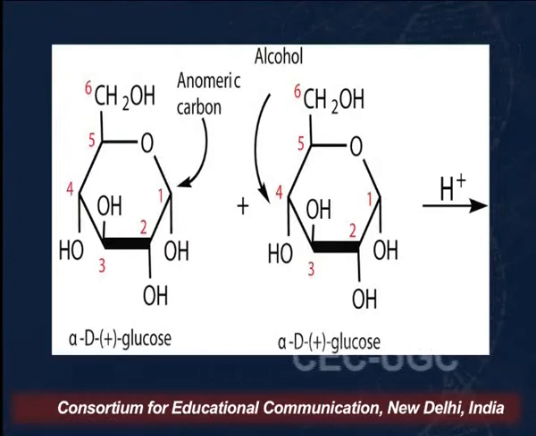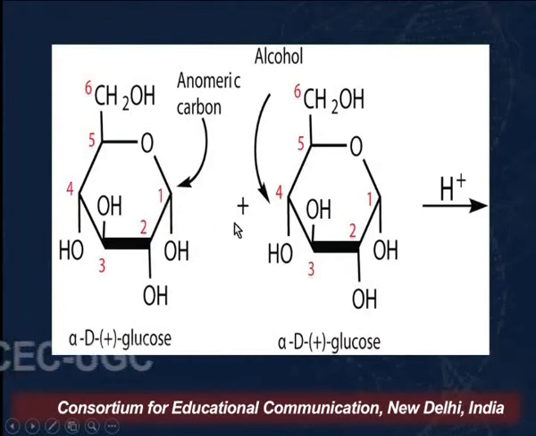So now let us come back to how the glycosidic bond formation takes place. What happens in this case? The OH group from this carbon, which is the anomeric carbon, reacts with the OH group on the fourth carbon of the second glucose residue.